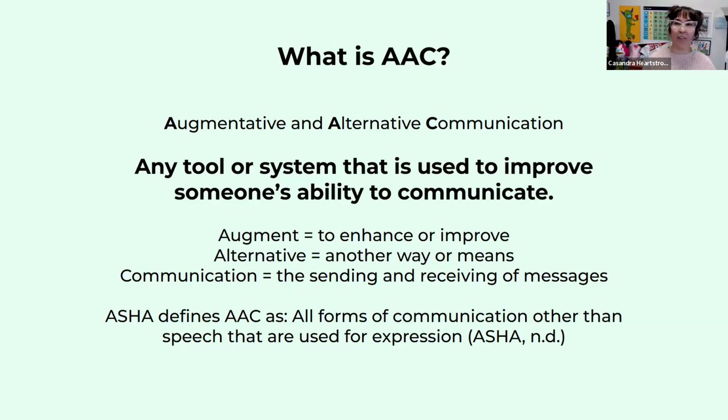Maybe they have a pretty significant language disorder and they use only one or two word phrases or have such significant grammar errors that it is difficult to understand them. In this case, it would be an augmentative tool versus alternative, having a different way to communicate for our students who maybe have cerebral palsy and don't have access to their speaking mechanism, and they need a totally different way of communicating.